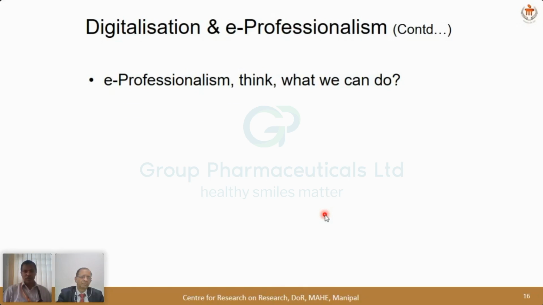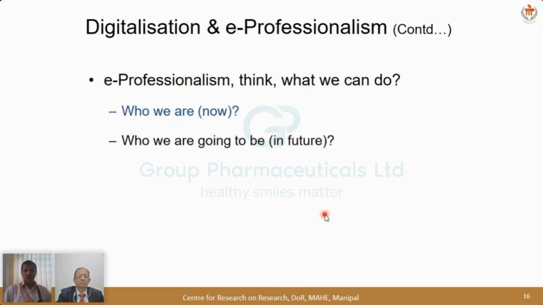This is important. First, you have to ask who we are, who you are or who I am. This is not just for the pharmacy profession. It can be for any profession in this world, any shopkeeper for that matter. Who are we going to be in future?